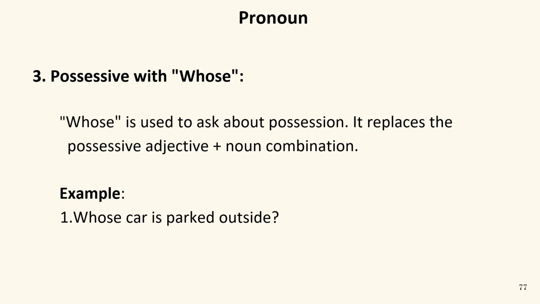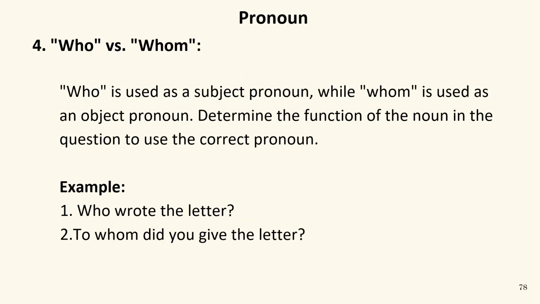Whose is used to show possession. We have already read who and whom. Now, there is a difference between who and whom. Whom suggests object and who subject. Who wrote the letter? So who is actually the subject, who is doing that particular task. To whom did you give the letter? Now whom represents the object because there is a person who is giving the letter to someone else.